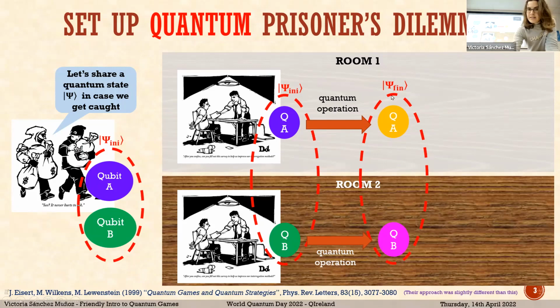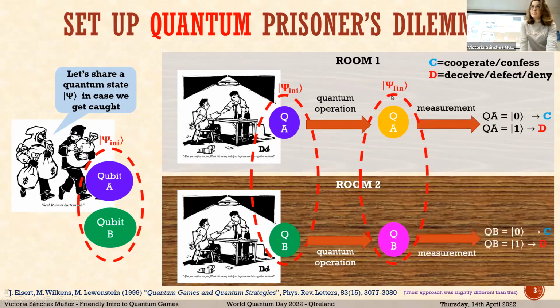And then after the final state, they will measure. They will measure their own qubit. And as I said, qubit A can be either in state 0 or in state 1. If they find that the state is 0, they would both confess. If this robber finds his qubit in state 0, they will confess, and if it's in state 1, they will defect, and the same for the others. So in a sense, this qubit is telling them what to do, if they should cooperate or defect.